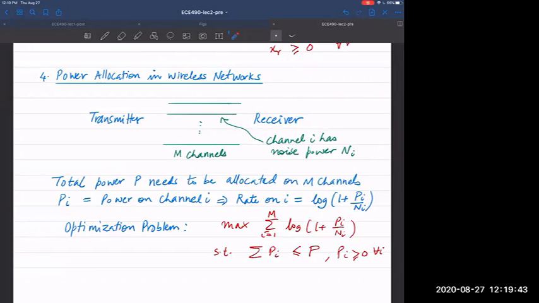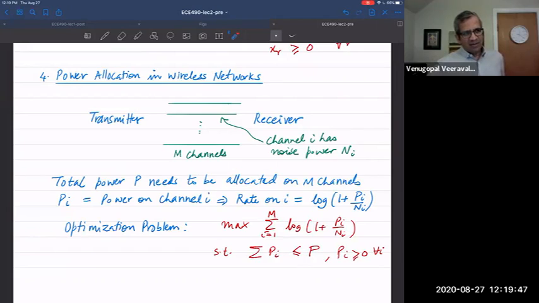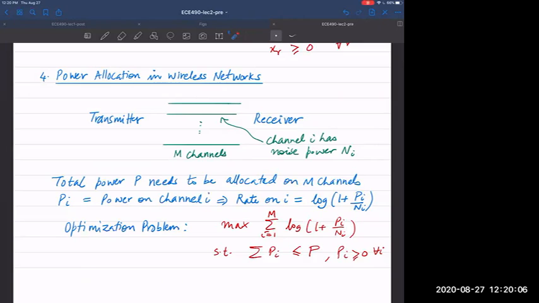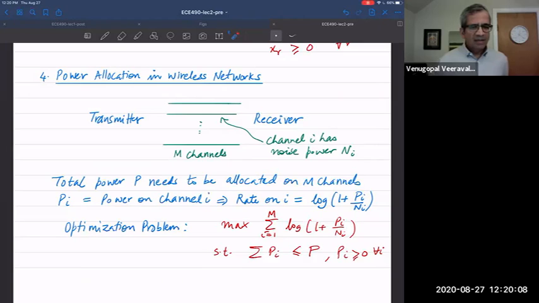But again, in the first 8 or 10 lectures of this course, we'll be mostly concerned with unconstrained optimization, and then we'll complicate things as we go along in the second third of the course. Does that answer your question? Yeah, thanks.